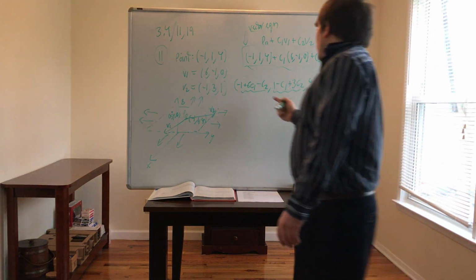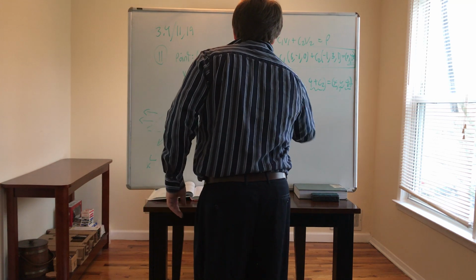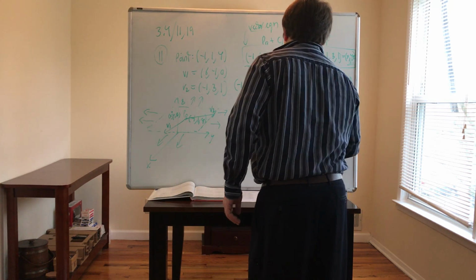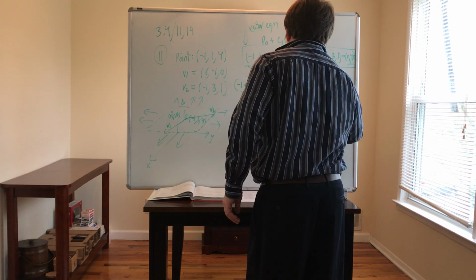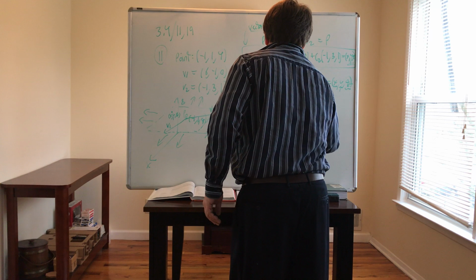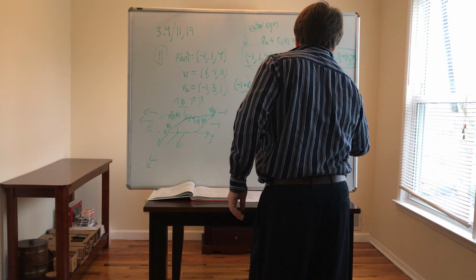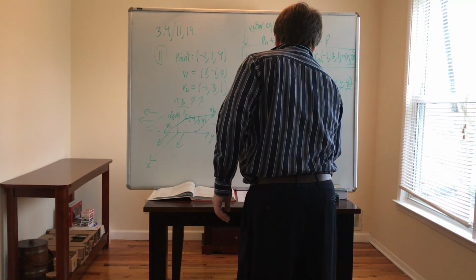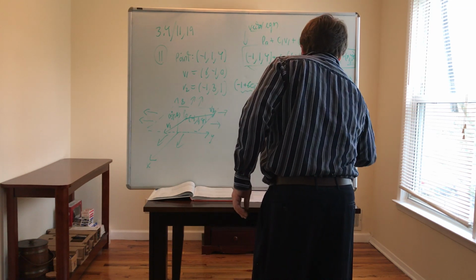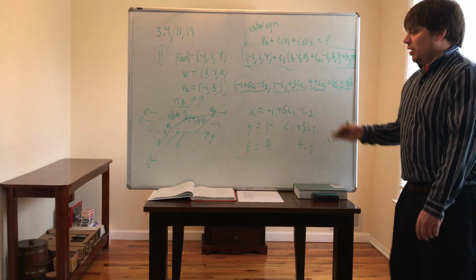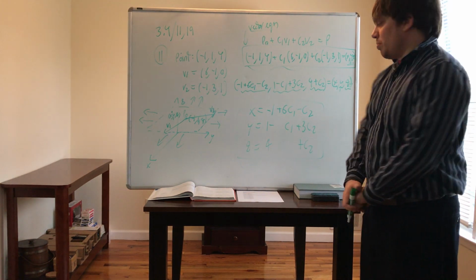And then let's find the parametric equation by setting each of these components equal. And so, okay, y is equal to, okay, so those are the parametric equations that describe the plane, right?